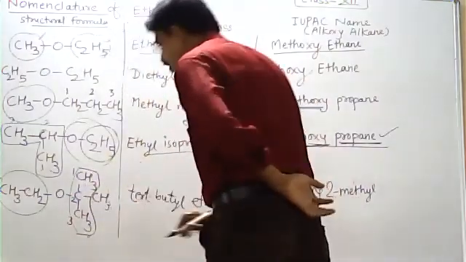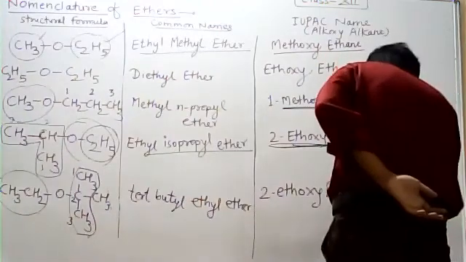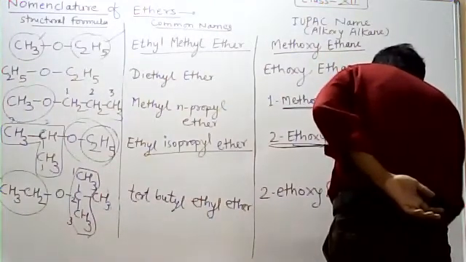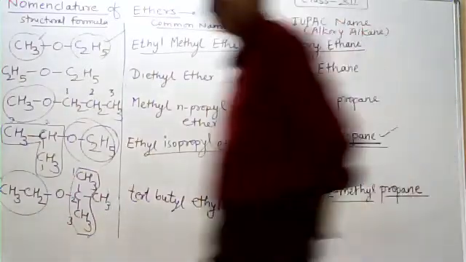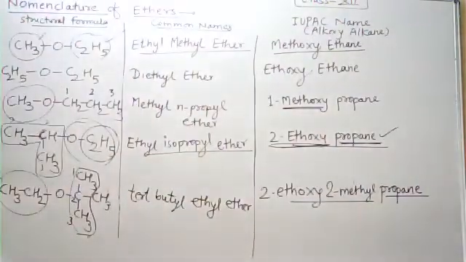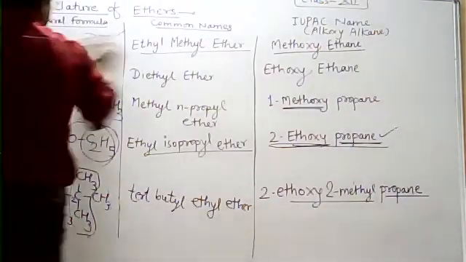The selected chain is of 3 carbon, so its parent alkane name is propane. So its IUPAC name is 2-ethoxy, 2-methyl propane. Okay. Then next compound.